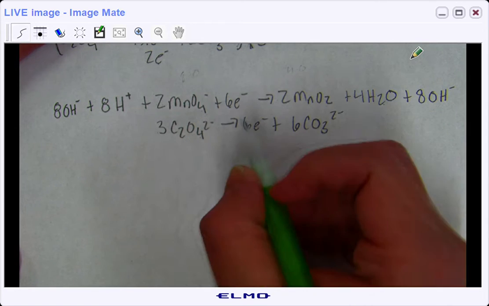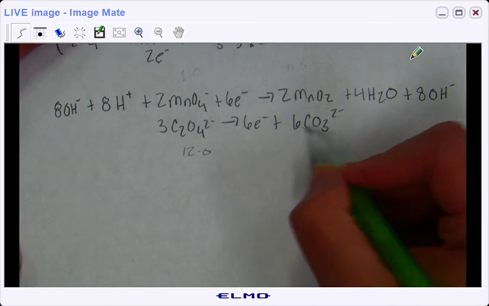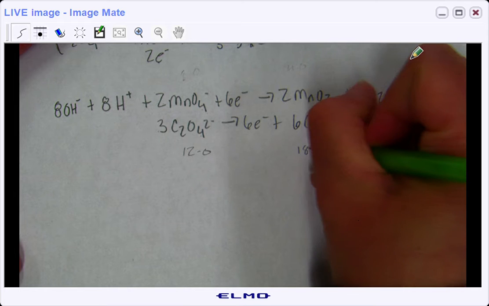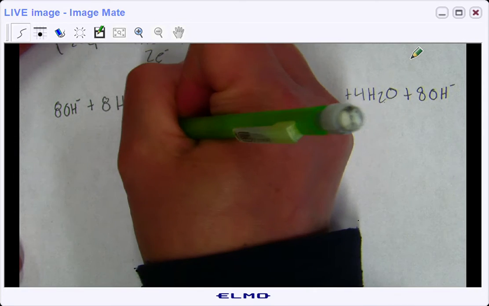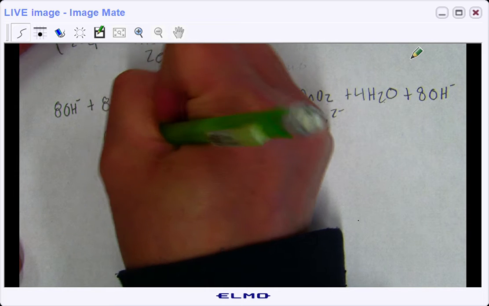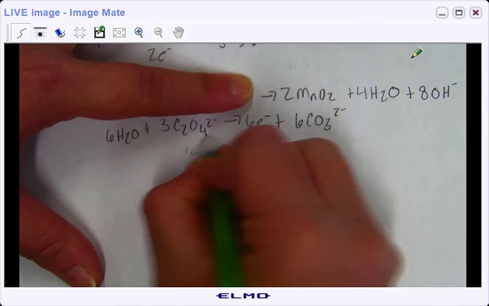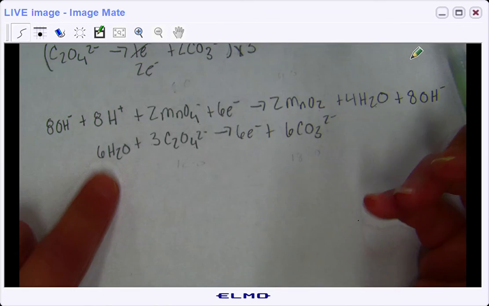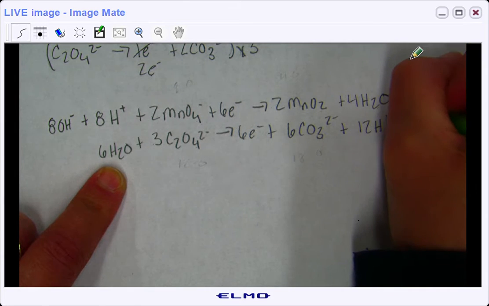4 times 3 is 12 oxygens. 6 times 3 is 18 oxygens. So I need to add 6 waters to the reactant side in order to have the correct number of oxygens on both sides. Since I added 6 waters, I'm going to balance these hydrogens by adding hydrogen ions to the other side.